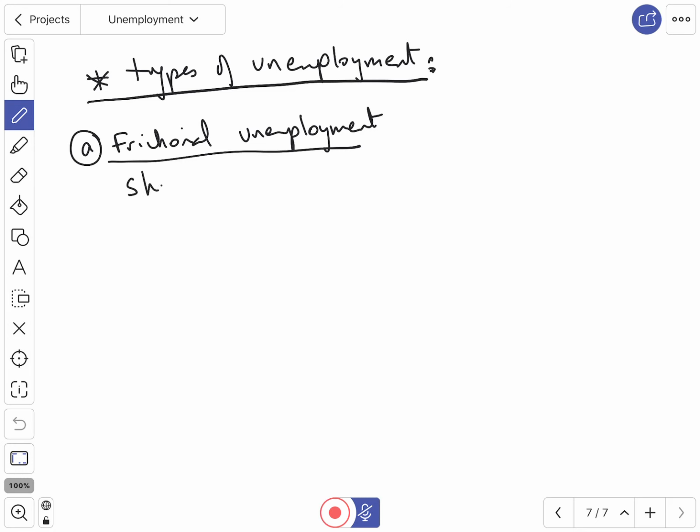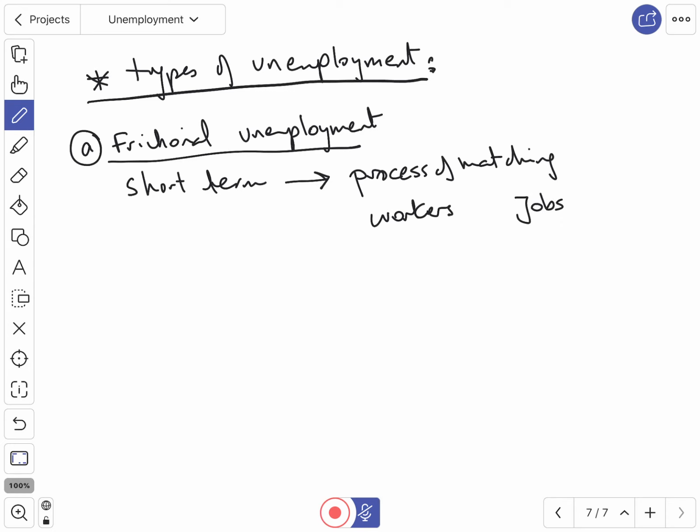So this is short-term, and it's basically arising from the process of matching: matching the skills of workers, the people looking for a job, and the jobs. You want to match these two together, the skills versus the needs of businesses.